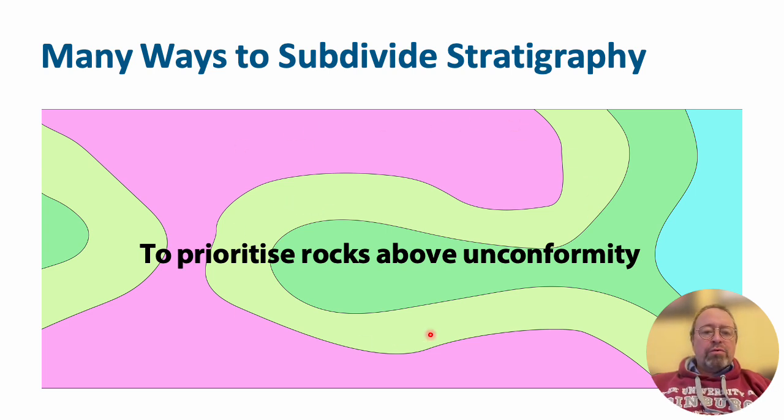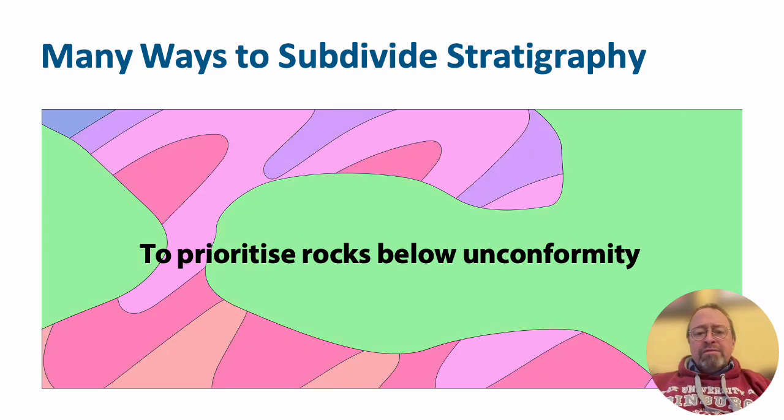You're giving all your attention to the younger sequences. And of course the opposite might be true. Maybe you don't care about the young stuff, but you're really working on the folded material underneath here, in which case you leave all the detail under the unconformity and you simplify everything above just to say that it's younger than the unconformity.